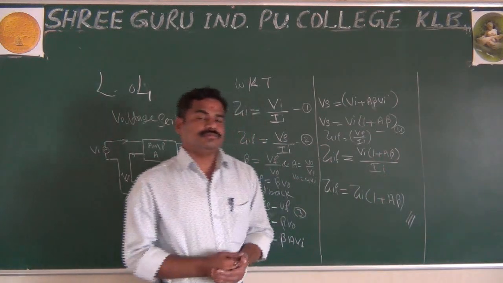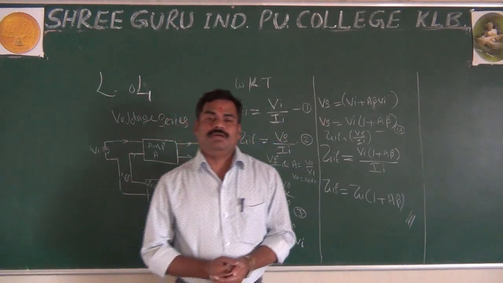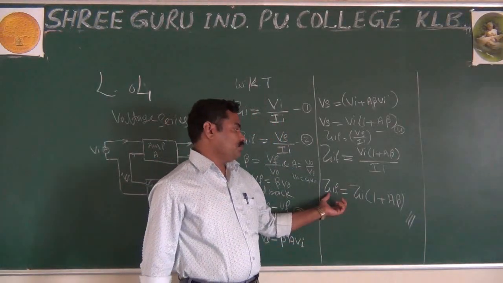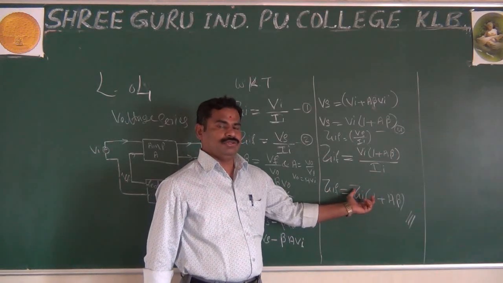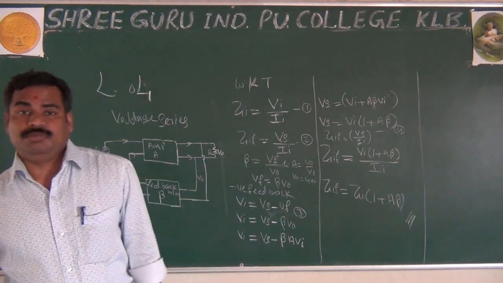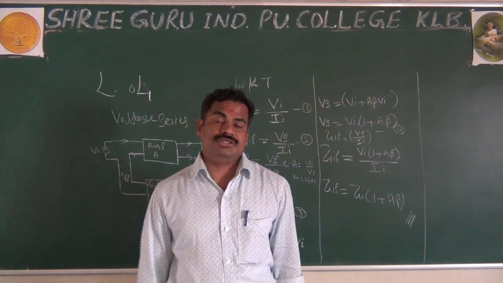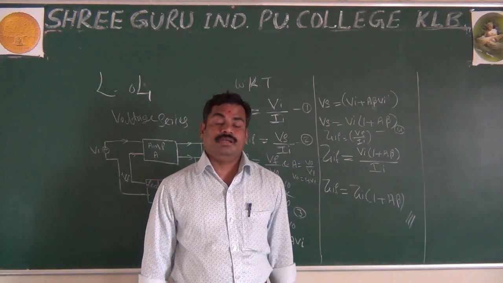It means if you are using negative feedback in an amplifier, we can increase the input impedance by 1 plus A beta times. This is a simple derivation of how the input impedance increases if you use negative feedback in any amplifier.